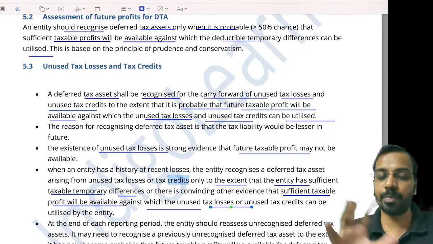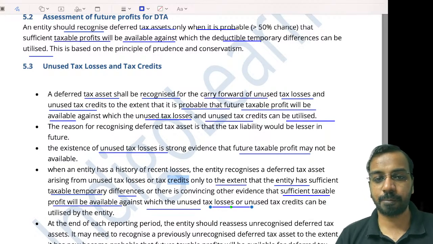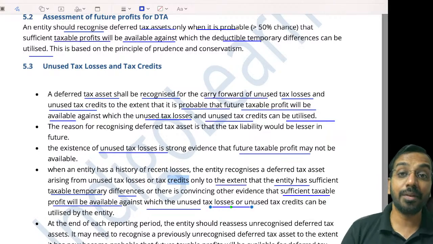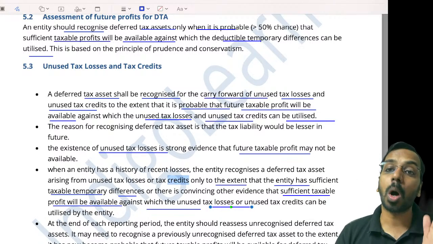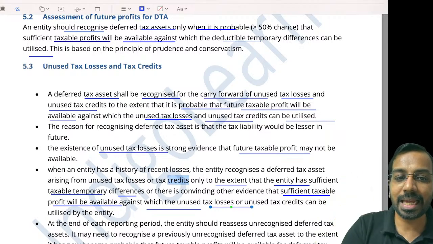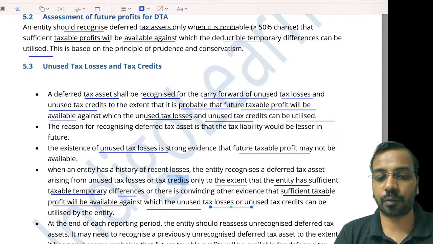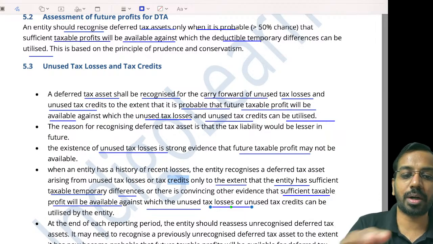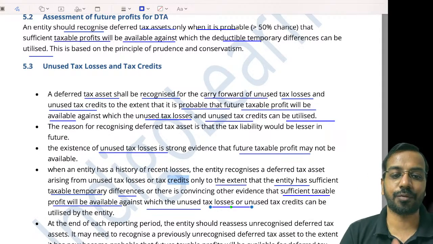So simply put, if I have brought forward losses, I will recognize deferred tax asset only if it is probable that in future I will have taxable profit, or in future I will have some taxable temporary difference against which I can utilize these brought forward losses. Otherwise, I will not recognize the deferred tax asset for such cases.